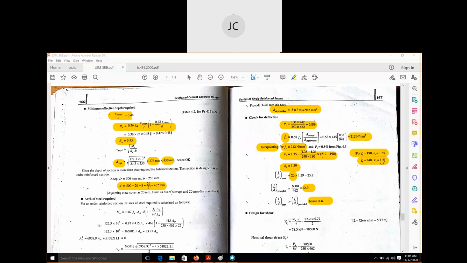So this is the procedure by which we can find out the value of k. This procedure is known as interpolation. If you put all the values, you will get kt equal to 1.29 at fs equal to 212. After getting the value of k, the remaining procedure is very simple.